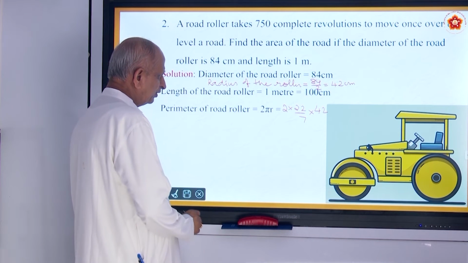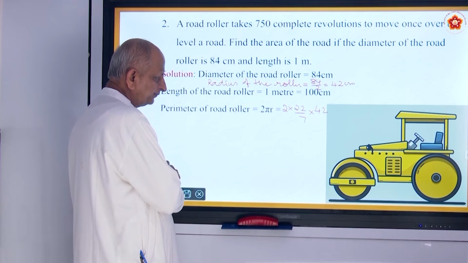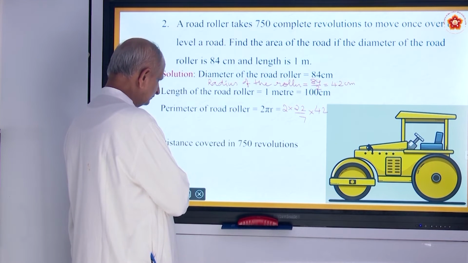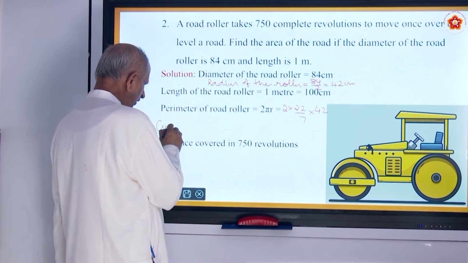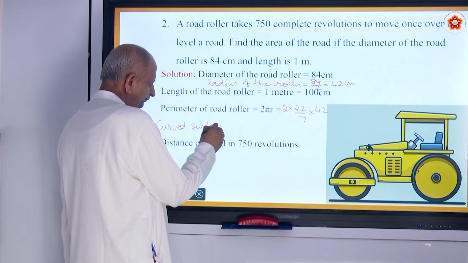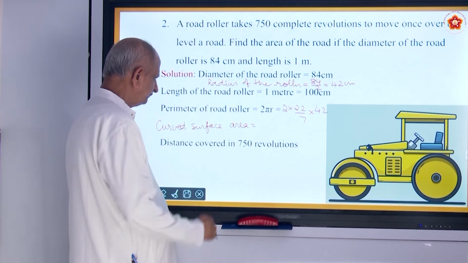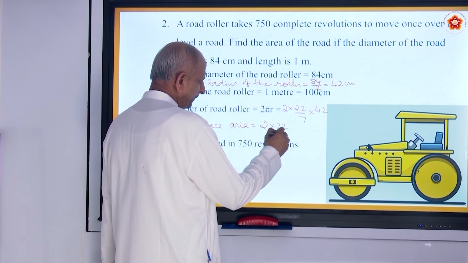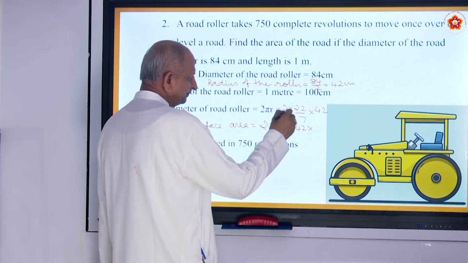So that is the perimeter of the roller. And next, you have to find the curved surface area. Curved surface area is 2 into pi into r into h.